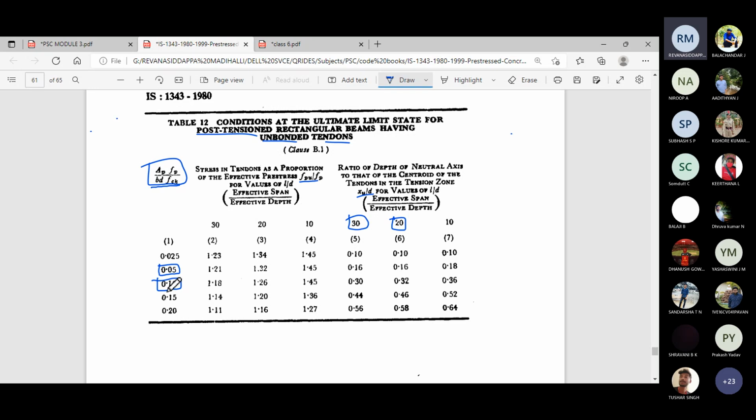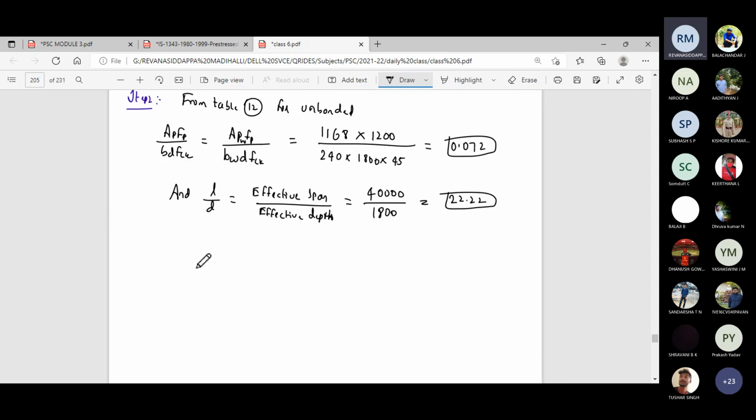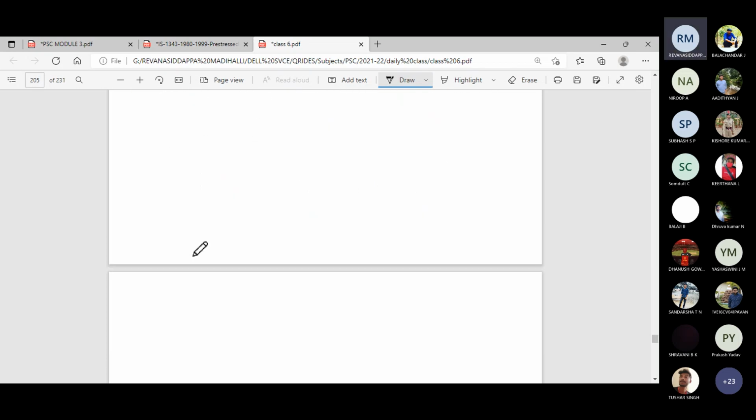Then in one more step, by further interpolation, obtain the value of XU by D corresponding to 0.072. So here we have to do multiple interpolations to get the exact answer.